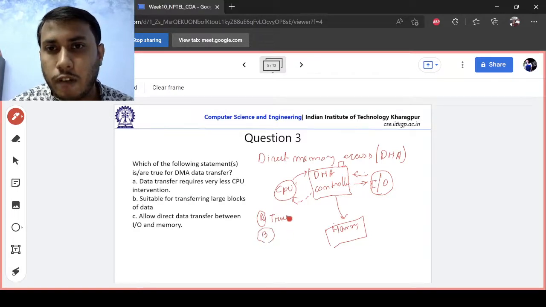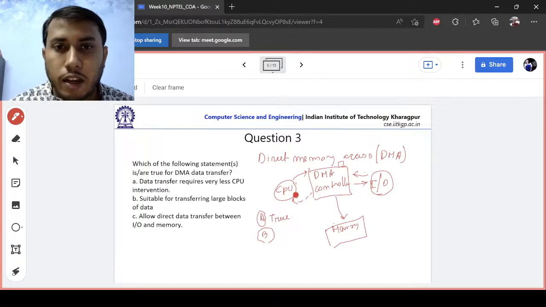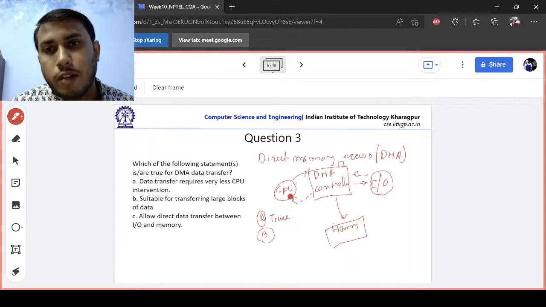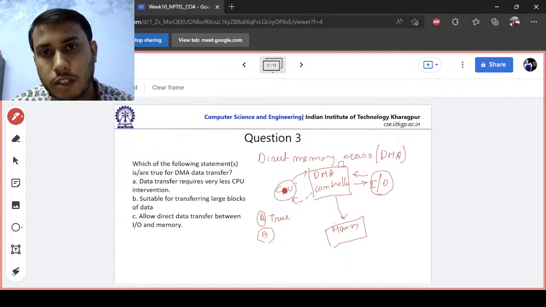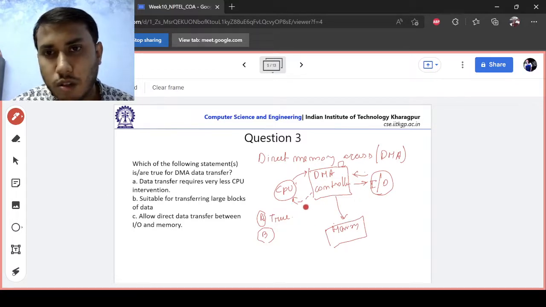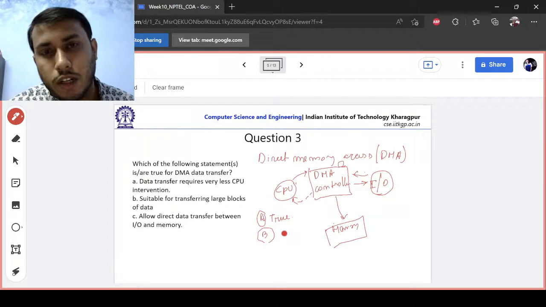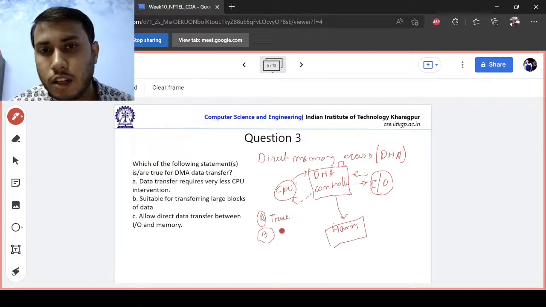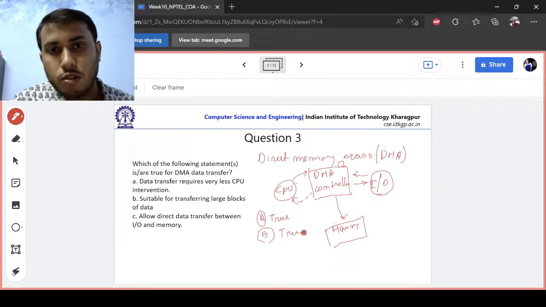Option B, suitable for transferring large blocks of data. Yes, because the CPU doesn't have to take the responsibility, and it can go and do other work while the data transfer takes place between the I/O and the memory. It can focus on other more important operations. So this option is also true.